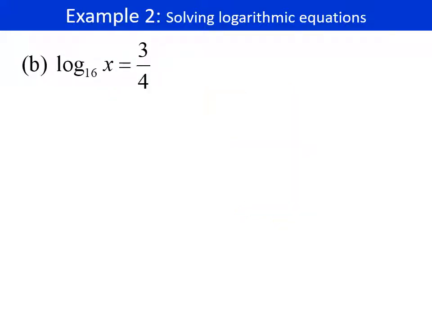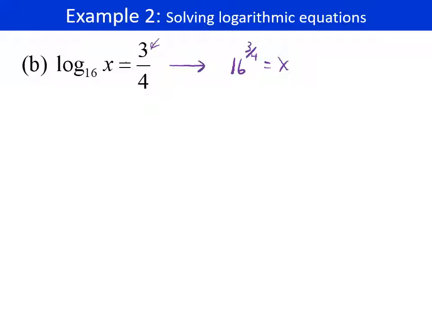Again, we will transform this into exponential form. The base is 16. Logarithm is exponent. And x is all that remains. So basically, we've already solved it. 16 to the 3/4 can be typed on our calculator.